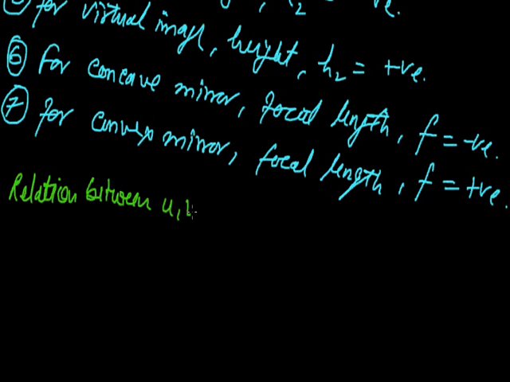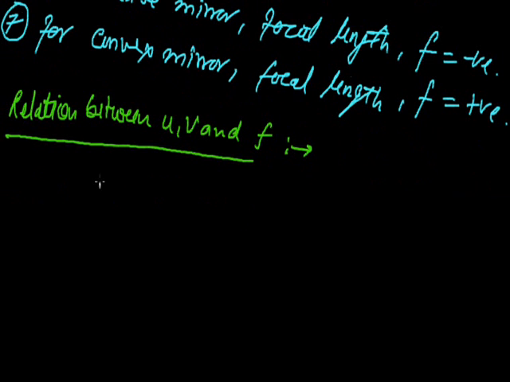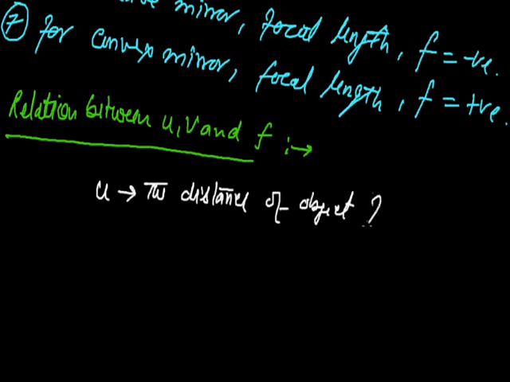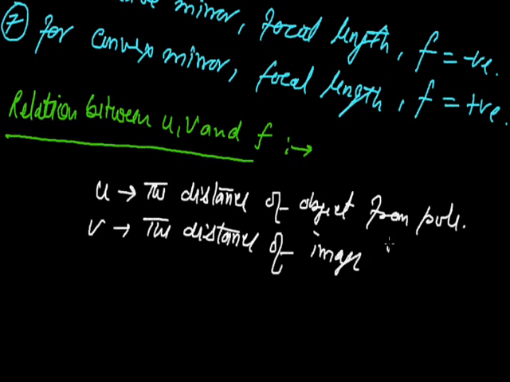Now the relation will be between u, v and f. U is the distance of object from pole. V is the distance of image from pole, and f is the focal length of the mirror.